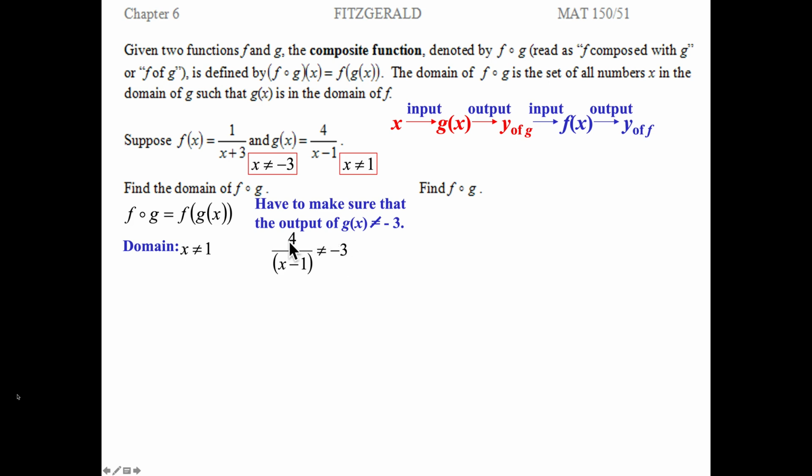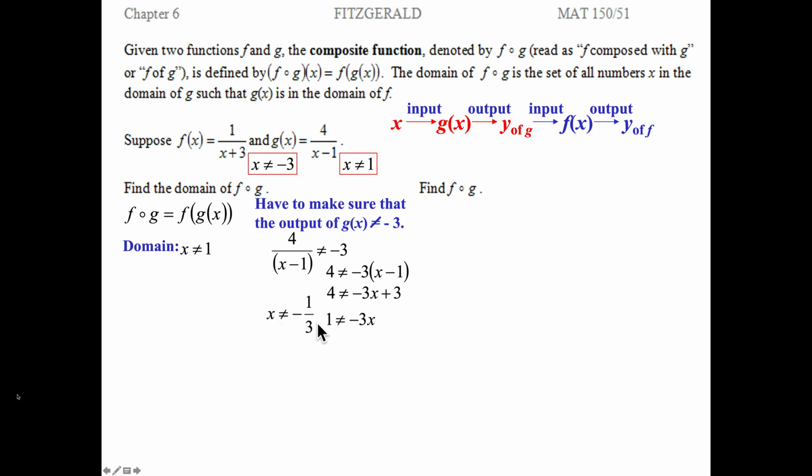So we'll multiply the x minus 1 to both sides, cancel it on the left, distribute the negative 3, negative 3x plus 3, subtract over the 3 to get a 1, divide by negative 3, x can't be equal to negative 1/3.